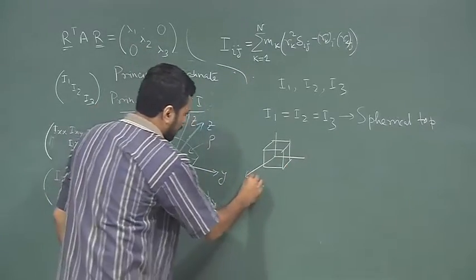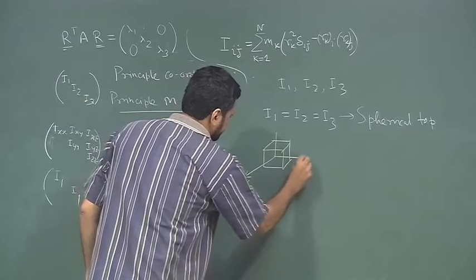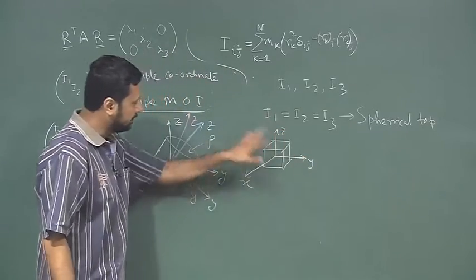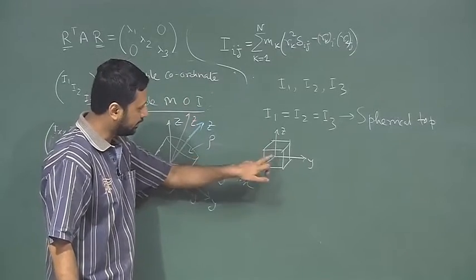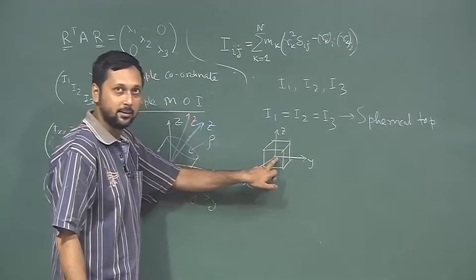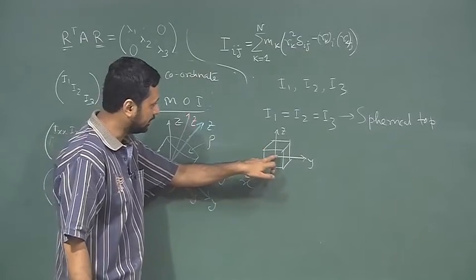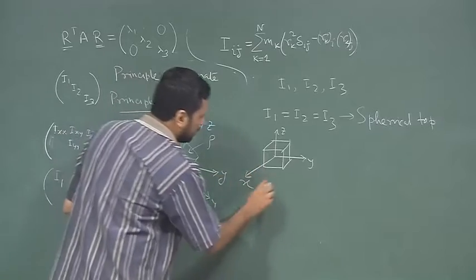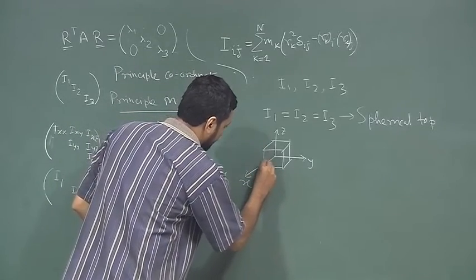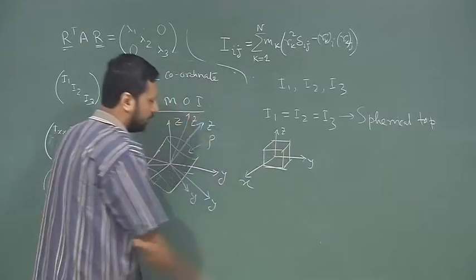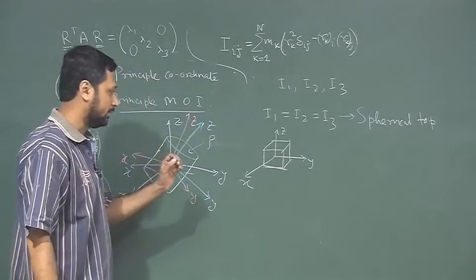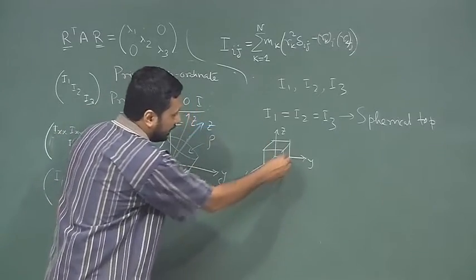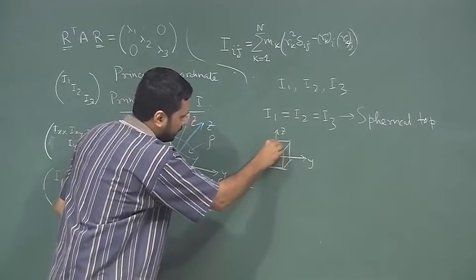And if I set my x, y, z such that the origin is exactly in the middle, then all three principal moments of inertia, just by observing the symmetry of the system, I can tell you are equal. That means the origin, the fixed point along which it is rotating, is at the center, and the x axis has to run exactly through the middle of this face, not this corner. Similarly the y axis runs through the middle of this face, okay.